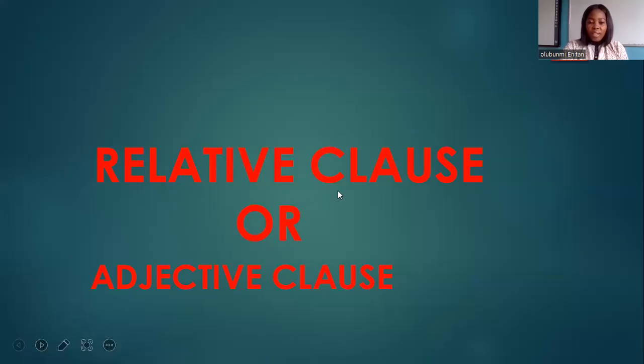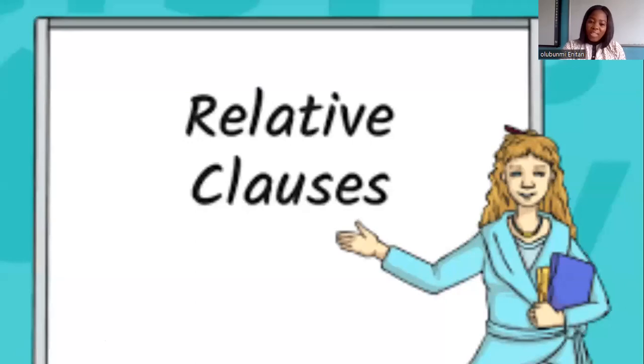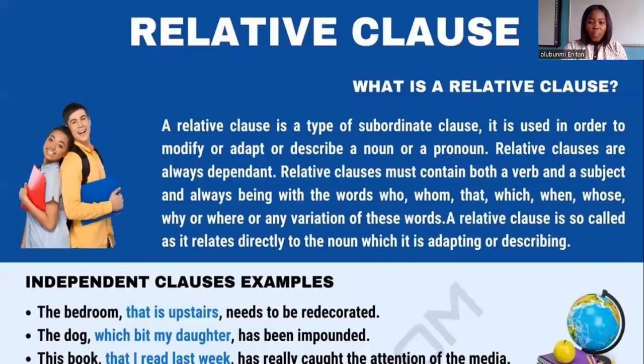Another name for the relative clause is the adjective clause or the adjectival clause. So what's a relative clause? It's a type of subordinate clause, and it is used to modify or describe a noun or a pronoun. Relative clauses are always dependent.